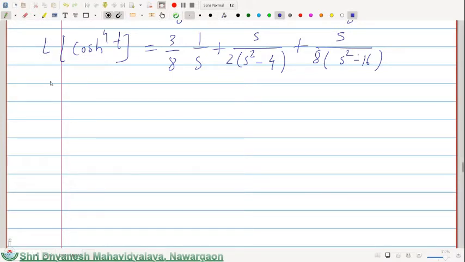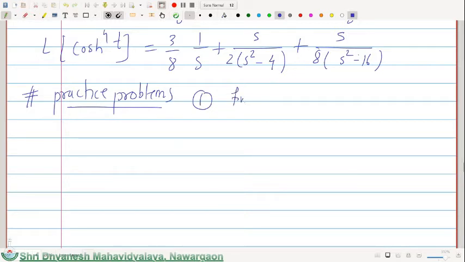Now I am giving you some examples for practice. You can try this as your assignments. Practice problems. Number 1, find the Laplace transform of (sin t minus cos t) whole square.